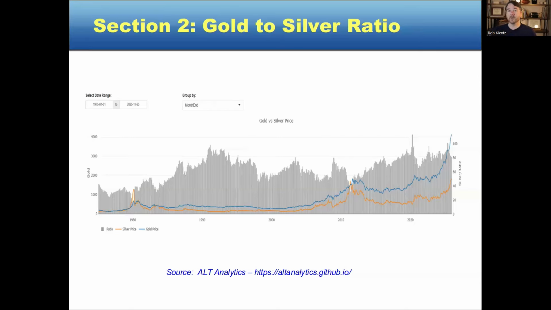So some people will invest in silver, even though it's more speculative, a little bit more risky, because they think the upside is much, much more in the future. I do too, but it's going to take some time for that to play out.